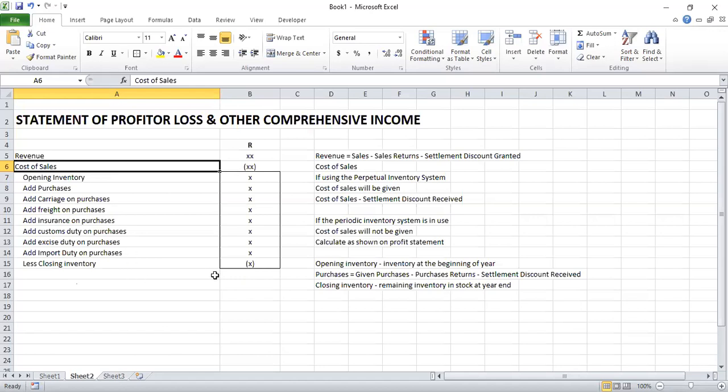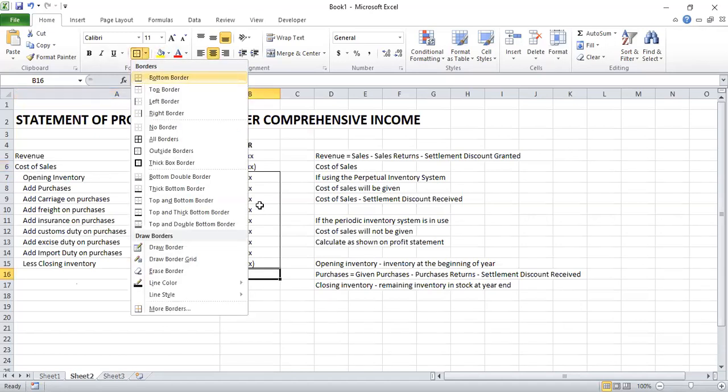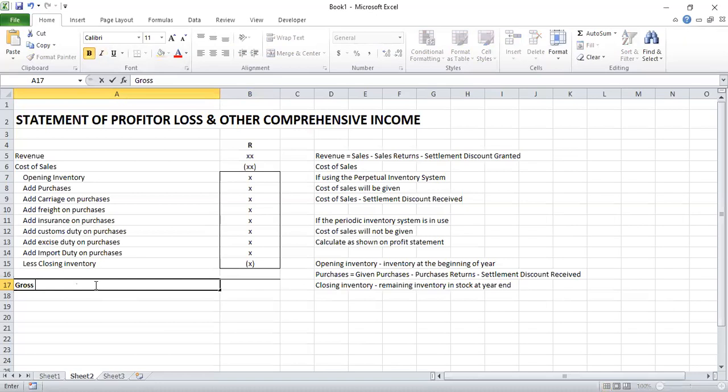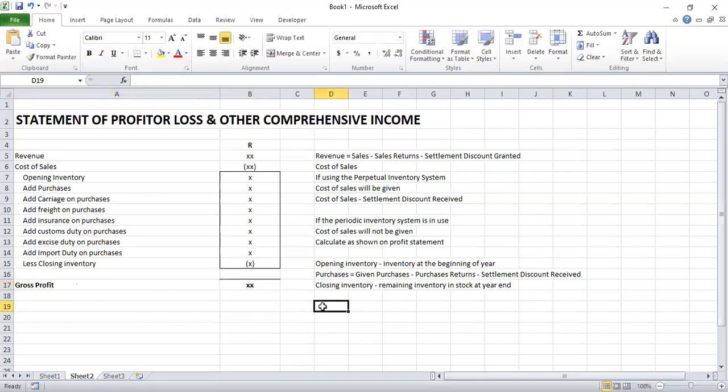Then we get our gross profit. Right, our gross profit is equal to revenue minus cost of sales.